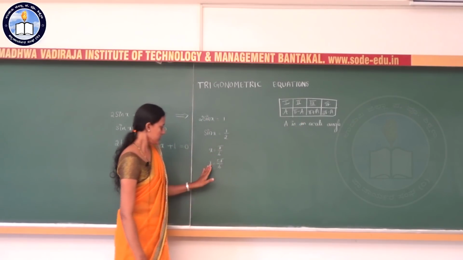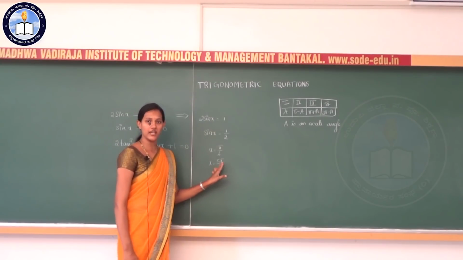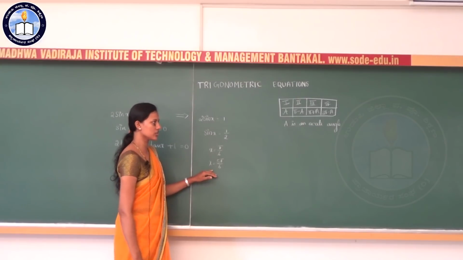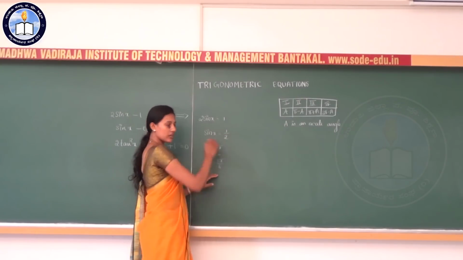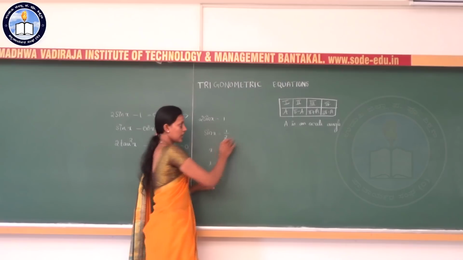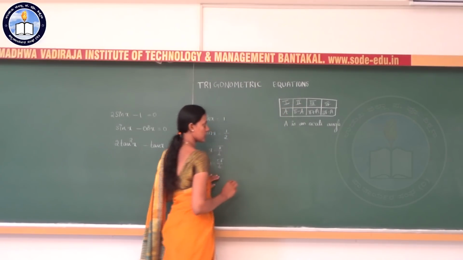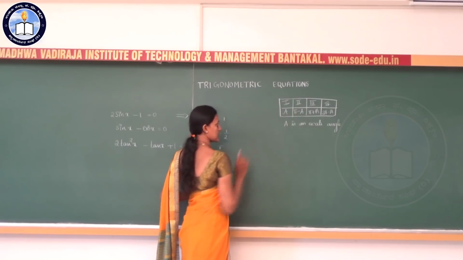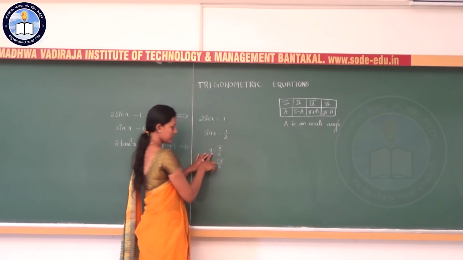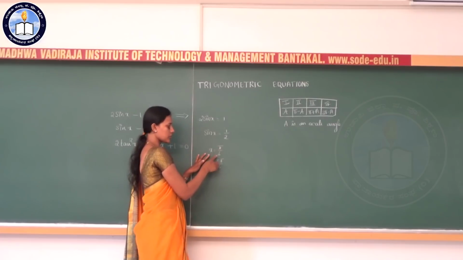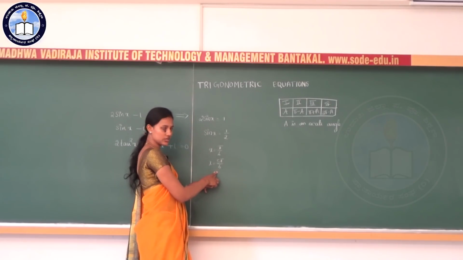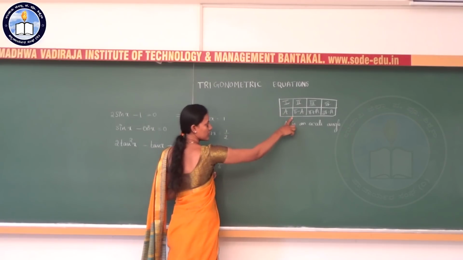Before that, here x is equal to 5 pi by 6. We can recognize this solution using this note. Because sin is positive in the first and second quadrants, the angles are A and pi minus A. We can find the acute angle, that is x is equal to pi by 6, we can easily recognize. To find the other solution, we use this note.